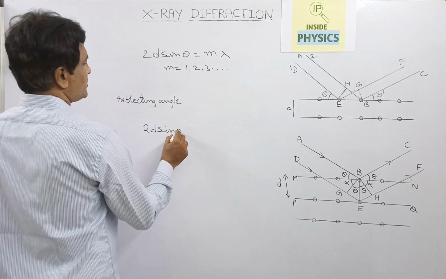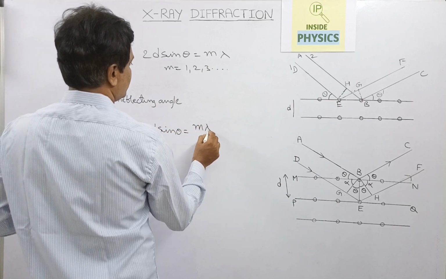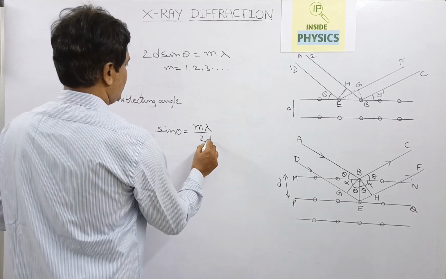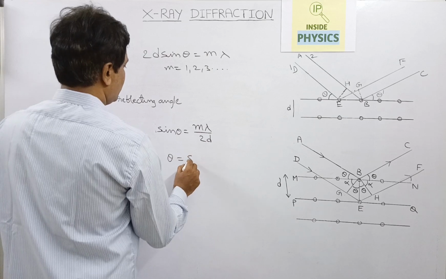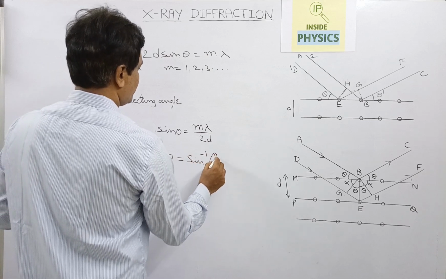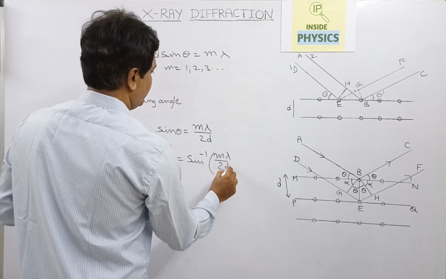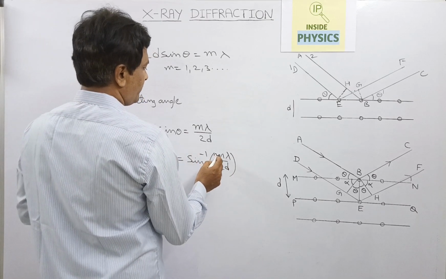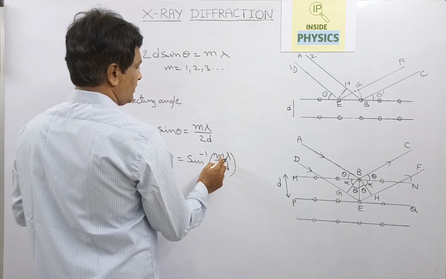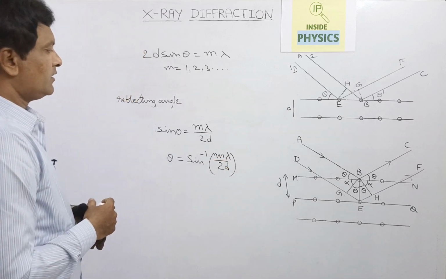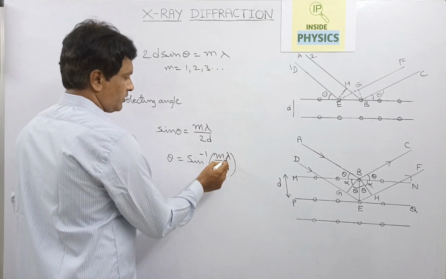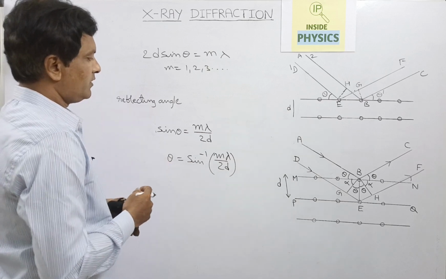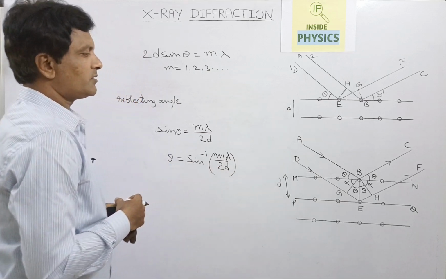We may interchange the terms like this. This is the Bragg condition, and we may take the 2d to the right side. So theta is written as sine inverse of m lambda by 2d. If the order of reflection is fixed and the wavelength lambda of the incident rays is also constant, so if m and lambda are constant, the angle of reflection depends on the interplanar spacing.